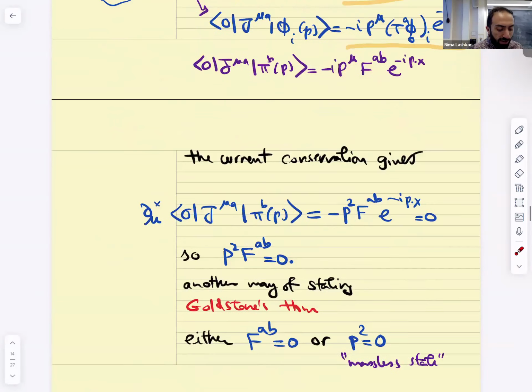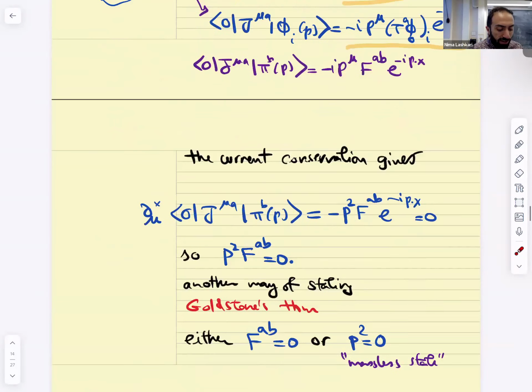Current conservation laws tell you that if this is J mu of X, if I take a derivative del mu of X with respect to this, I should get 0. That derivative will bring in another P down. I'm going to get minus P squared FAB e to the minus IPX, which has to be 0. This is yet another way of stating the Goldstone theorem.